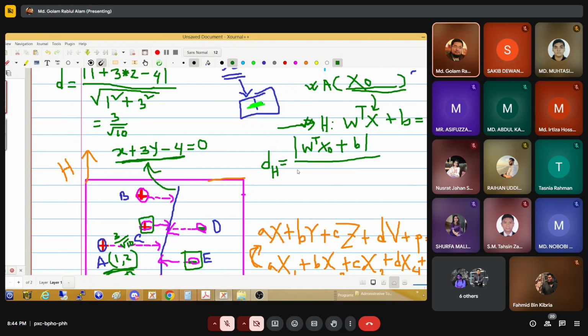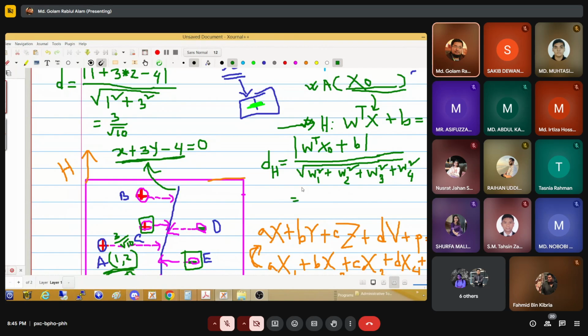So for that case, what we will get is the square root of W1 square plus W2 square plus W3 square plus W4 square, since in this W we have 4 components.